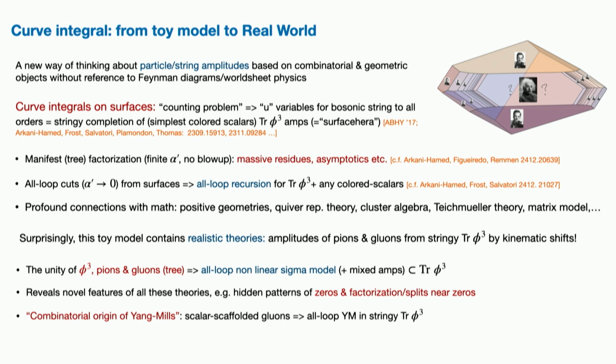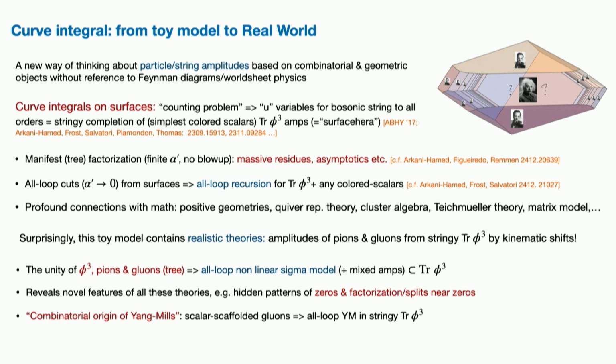So at least at tree level, you already see that there's a unification of phi cube, pion, and gluon tree amplitudes, which also directly generalize to all loop pion amplitudes in the nonlinear sigma model. So we can literally see that the all loop pion amplitudes are contained in trace phi cube amplitudes without stringy. This is already at field theory level.